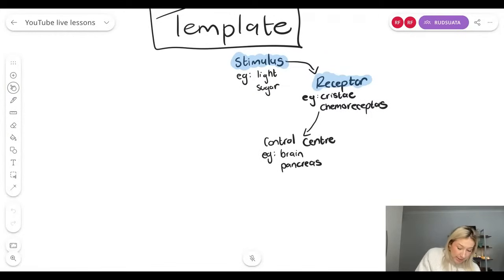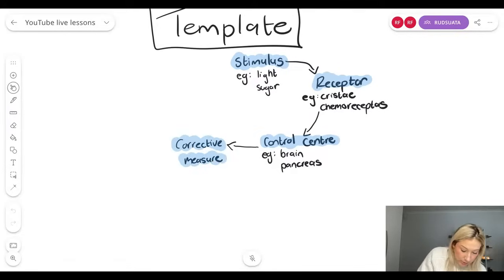Now, the control center, as the name suggests, is going to control and filter in the information, and it's going to create a corrective measure, which essentially, everybody, a corrective measure is a decision that you're going to fix something. You're going to change something. Remember, our seesaw is not balanced. We want to change it.